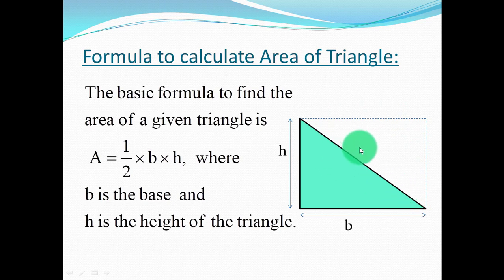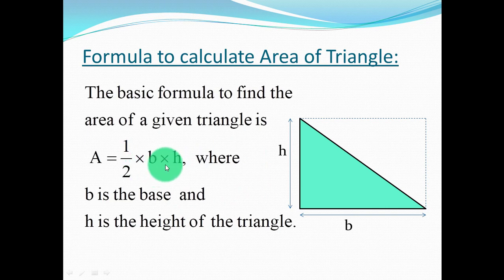So it means that every rectangle contains two triangles when we take a single diagonal in the rectangle. Then what is the area of a triangle? It means that the area of a triangle is equal to half of the area of the rectangle.